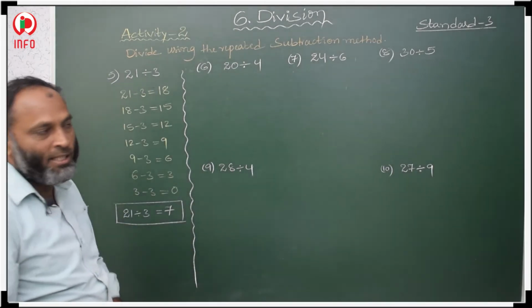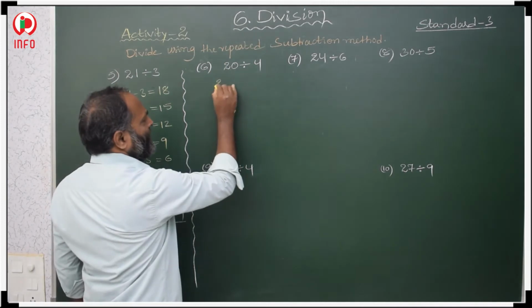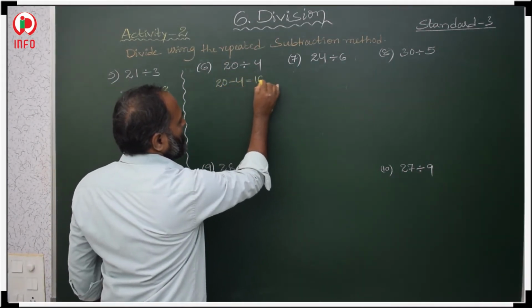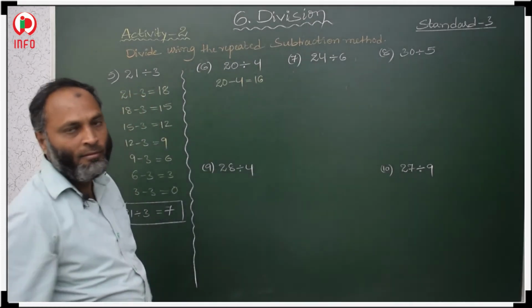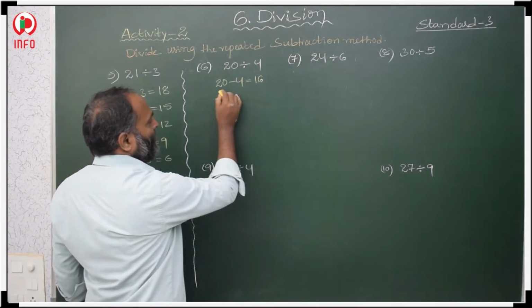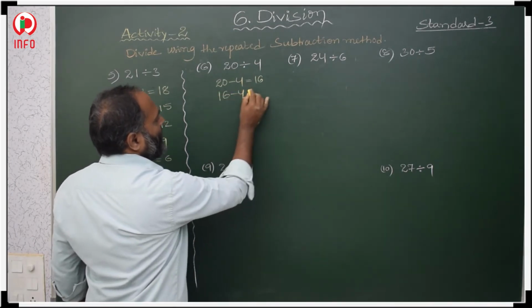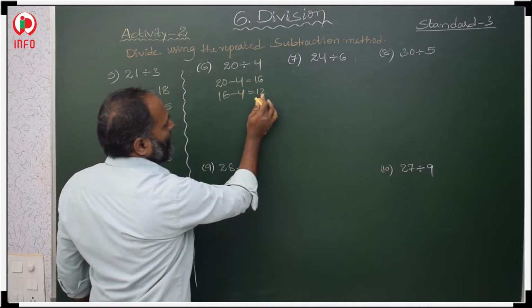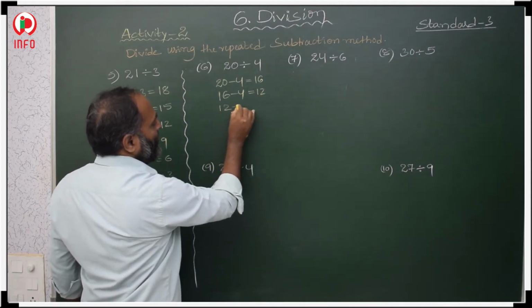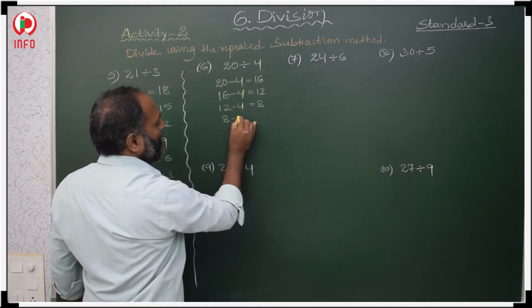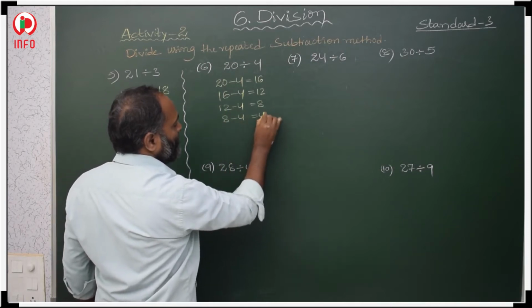Next, the sixth question. This 20 dividend minus divisor. 20 minus 4 is 16. Again this remainder minus divisor, that is 12. Again this remainder minus divisor is 8. Again this remainder minus divisor is 4.